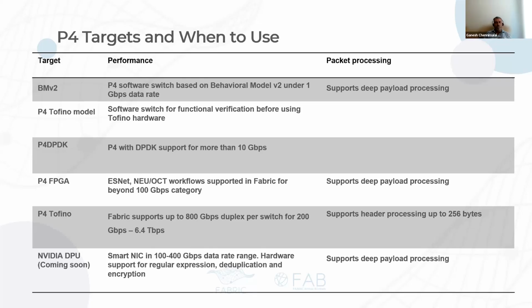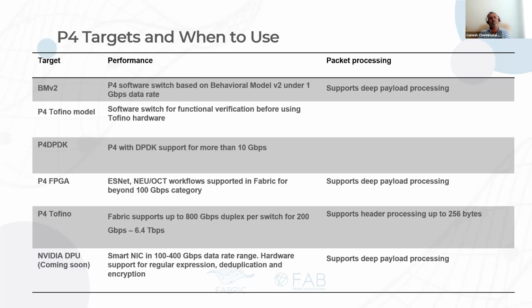And here is a quick note on some of the P4 targets and when to use them. There is a P4 target called the BMv2. This is a software-based switch, the behavioral model v2, and this typically supports about a 1 Gbps data rate or something like that.